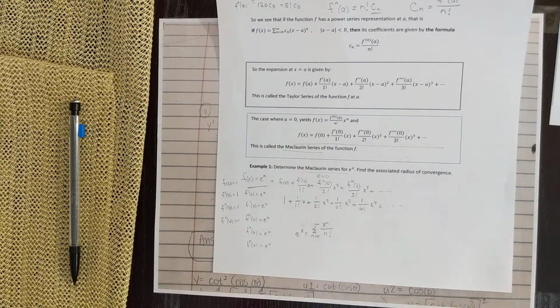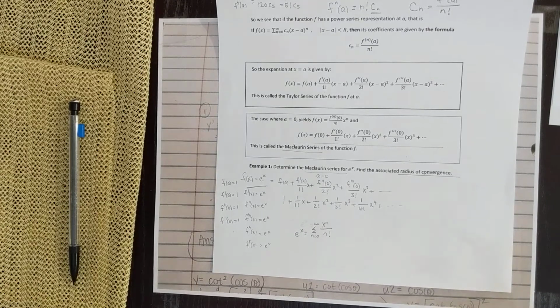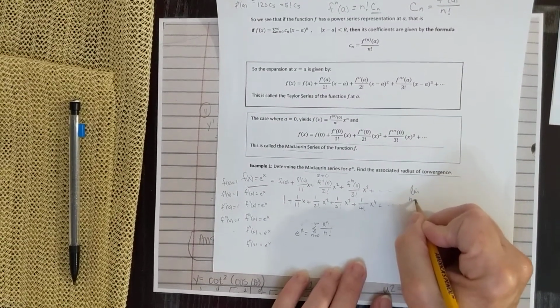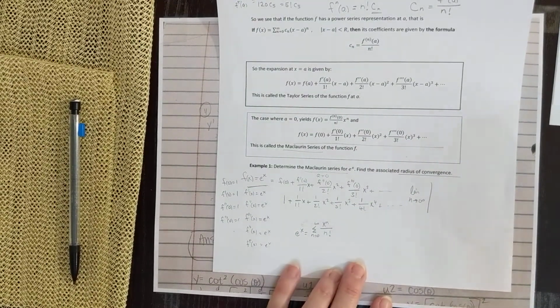And so in a separate video, I'm going to show you graphically exactly what this means. But let's go ahead and figure out the radius of convergence, okay? A good way to figure that out is by using the ratio test. So let's take the limit as n goes to infinity of the absolute value of a sub n plus 1 over a sub n.